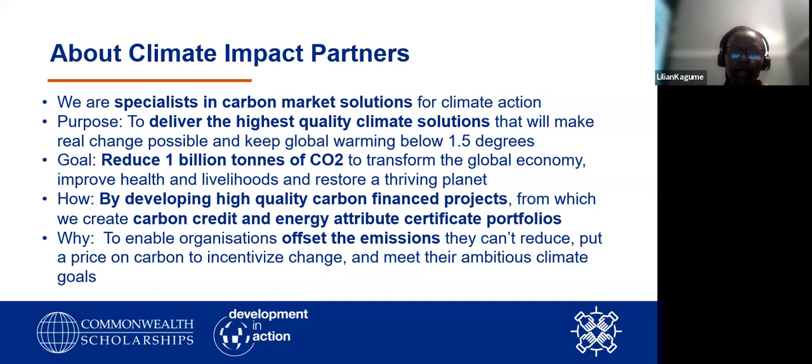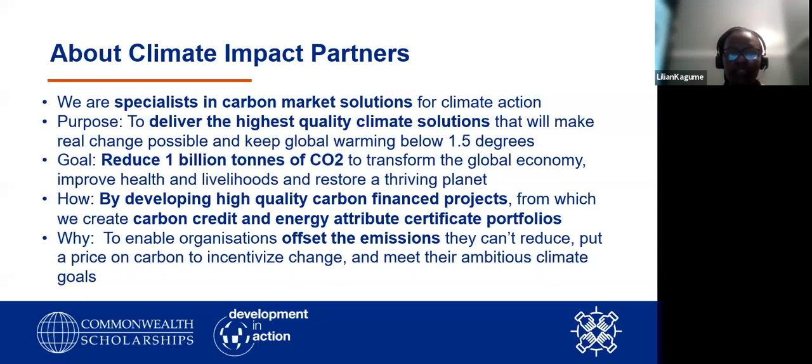Our goal is to reduce 1 billion tons of CO2, and this we'll achieve by developing high quality carbon financed projects from which we create carbon credits, which I'll talk about, and also energy attribute certificates, which is generated through renewable energy projects.